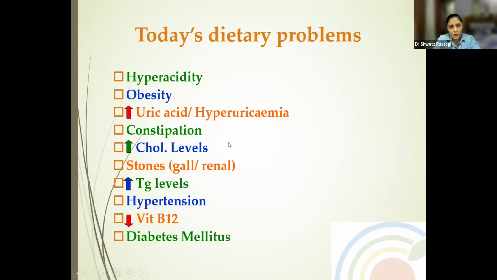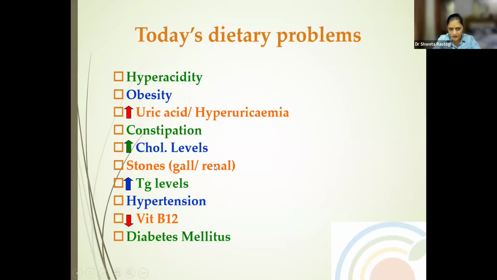Constipation is a very, very common problem. And this requires a very simple treatment of eating foods which are rich in fiber. But sometimes patients, despite knowing that these are the foods rich in fiber, are not able to incorporate them. So we will see ways and means of how we can insert fiber.